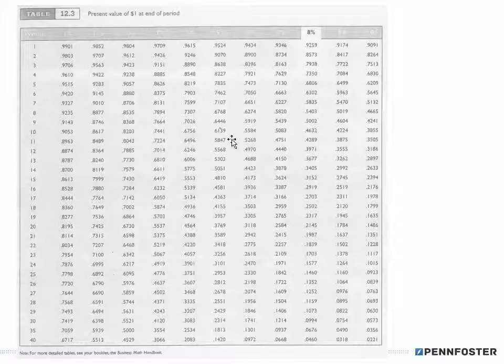I was at 6%. So look under the 6% column for 8 periods, and I have a factor of 0.6274.